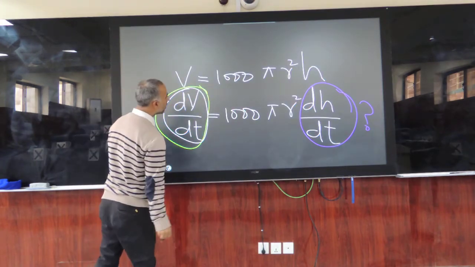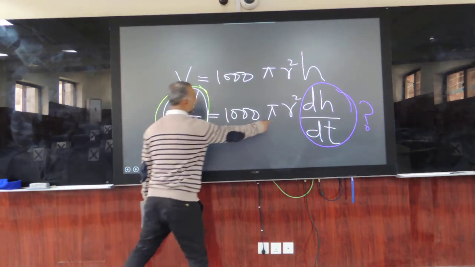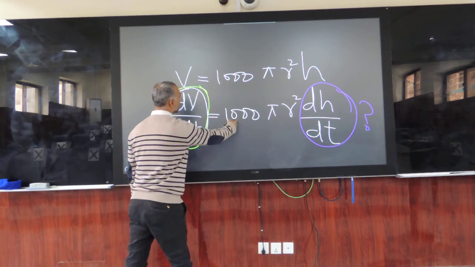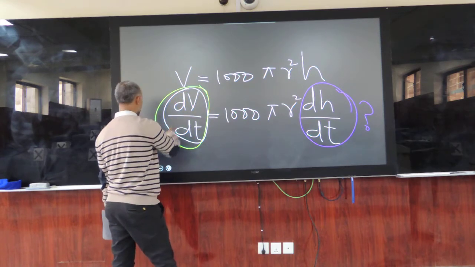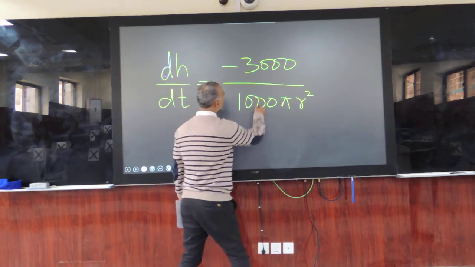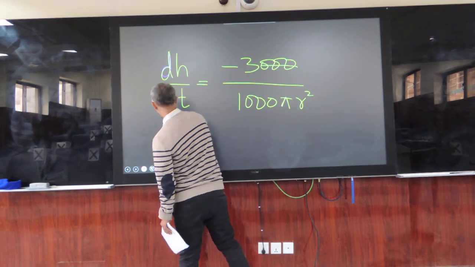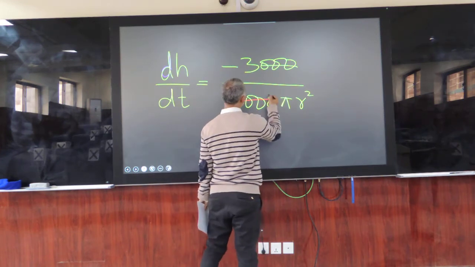On cross multiplication, pi r square and 1000 go into the denominator, with minus 3000 in the numerator, and this cancels out.